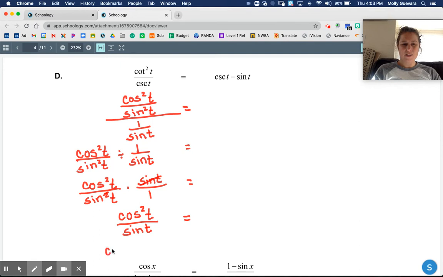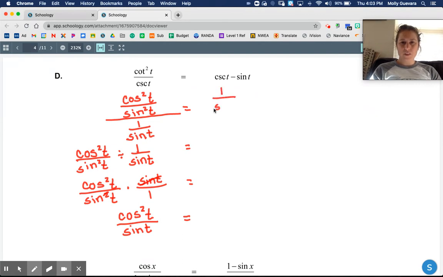Like I could say this is cotangent of t times cosine of t, but that doesn't really get me anywhere, and it's still only one term. I'm just going to leave it here. Let's see what happens. Okay, so now I'm going to have to do stuff on this side.